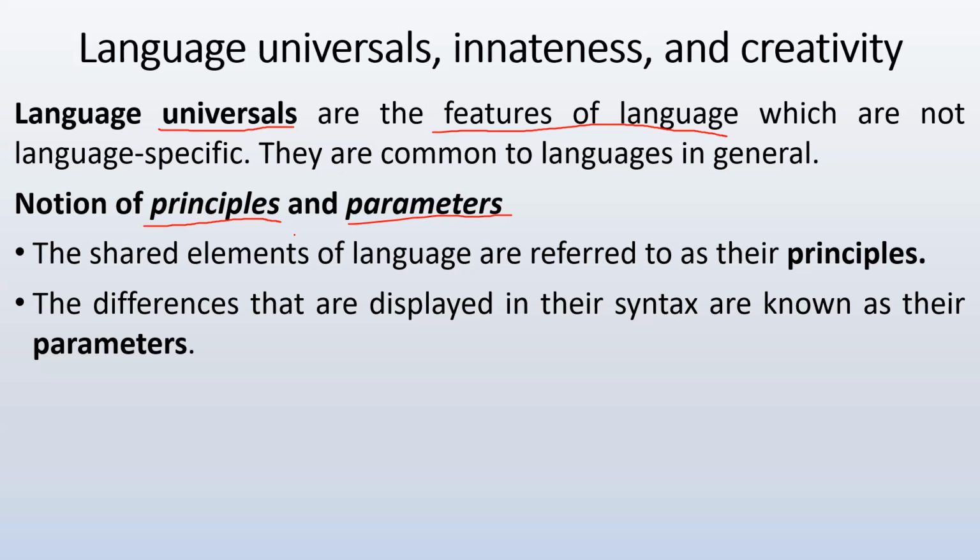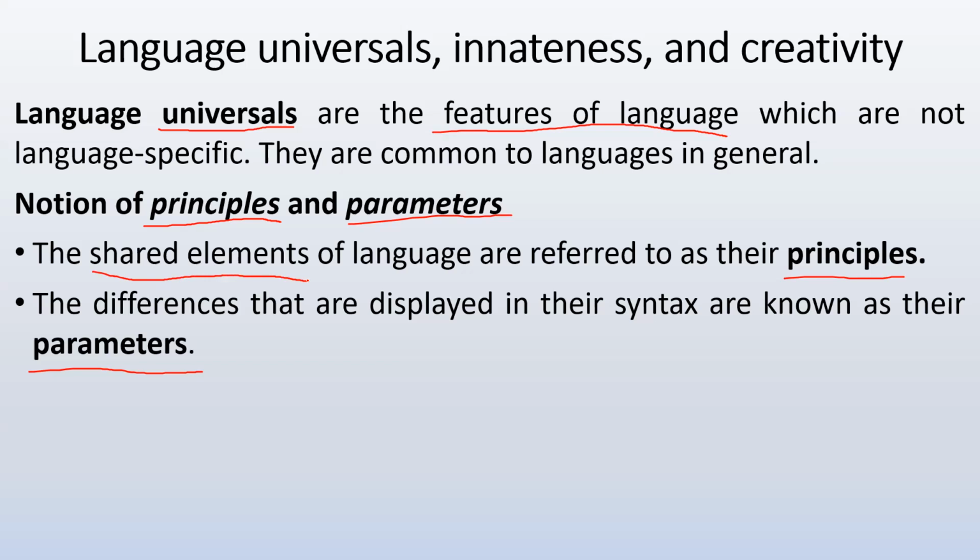The shared elements of language are referred to as their principles, and the differences that are displayed in their syntax are known as their parameters. So do you get any idea by reading these two lines? The shared elements of language means the features that you can see in common.